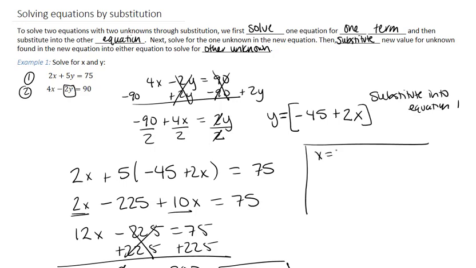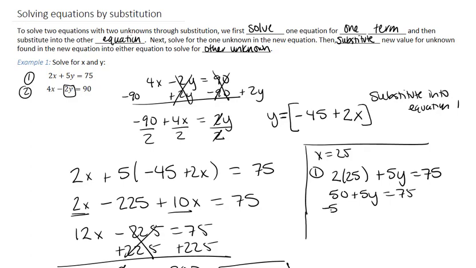So x is equal to 25. In equation 1, we have 2x, so now instead of x we have 25, plus 5y equals 75. So now we can multiply that out. 2 times 25 is 50 plus 5y is equal to 75. We can subtract 50 from both sides.